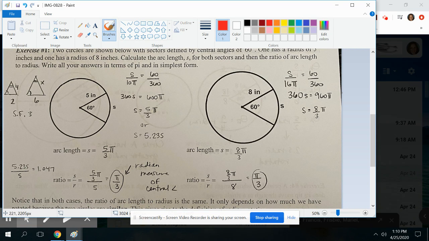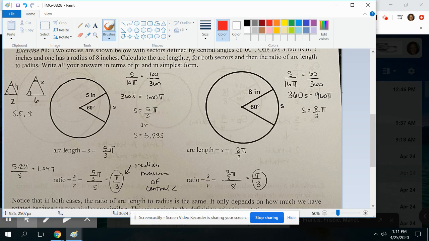We did know arc length with S, so I did S, and then the 10 pi, again, we're comparing it to the entire circumference, so that'd be 2 pi r, so 2 times 5 is 10. And then again, we don't know any other angle measure besides degree measure. So I did 60 out of 360, we cross multiplied. We can figure out the arc length fairly easily going through this formula.